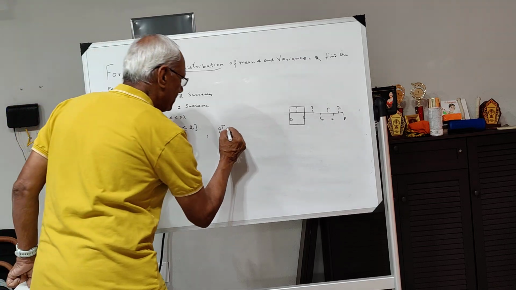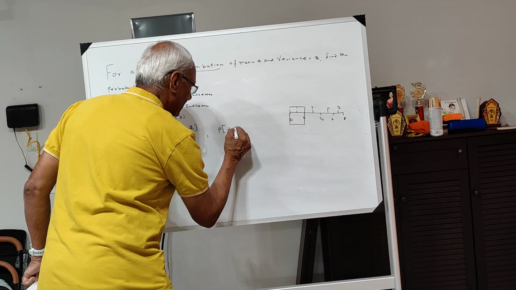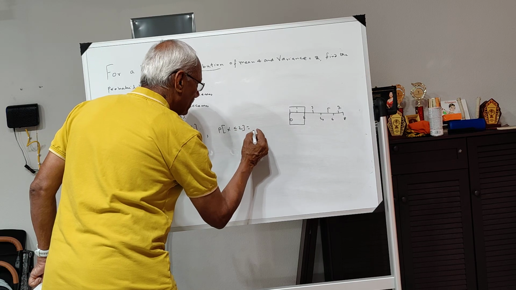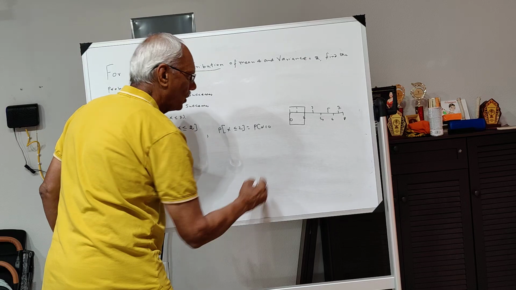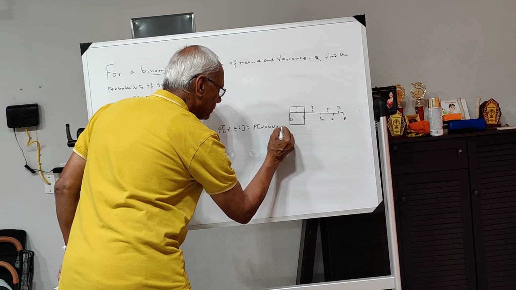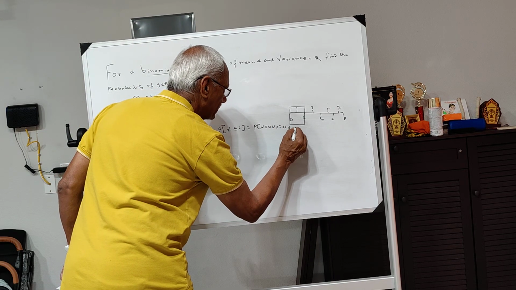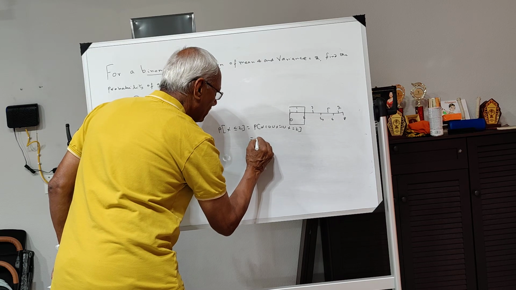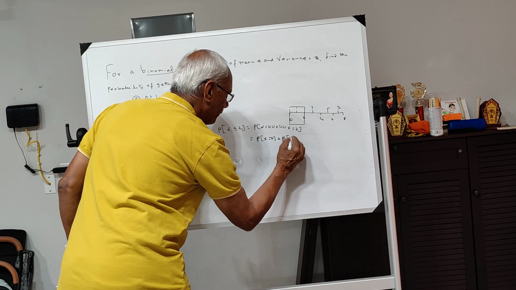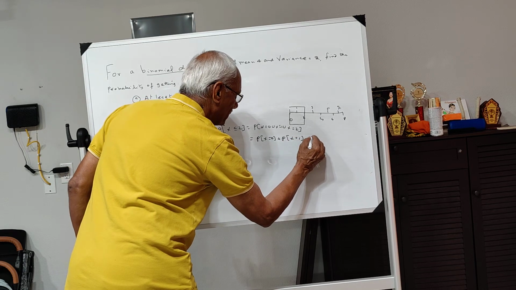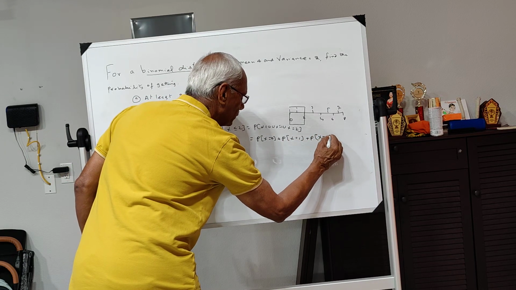So this is nothing but P of x less than or equal to 2, which will be equal to P of x equal to 0 or x equal to 1 or x equal to 2. So this is nothing but P of x equal to 0 plus P of x equal to 1 plus P of x equal to 2.